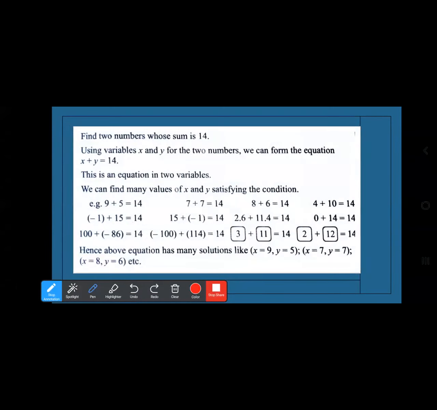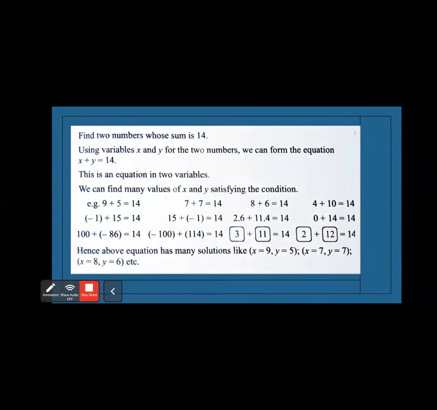See here, whatever values you are getting, students, now it was x plus y equals 14. So when you write these values in the ordered pair, whatever the value for x, it should be written first.